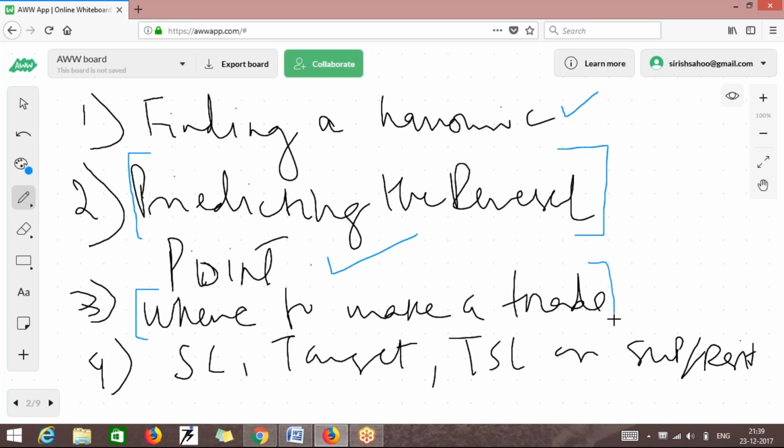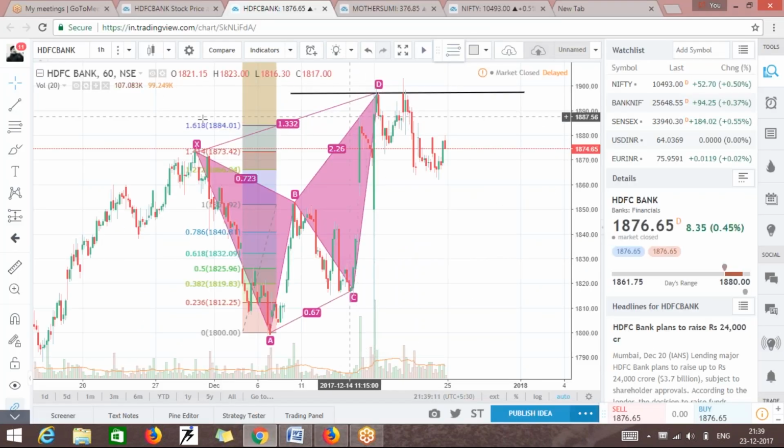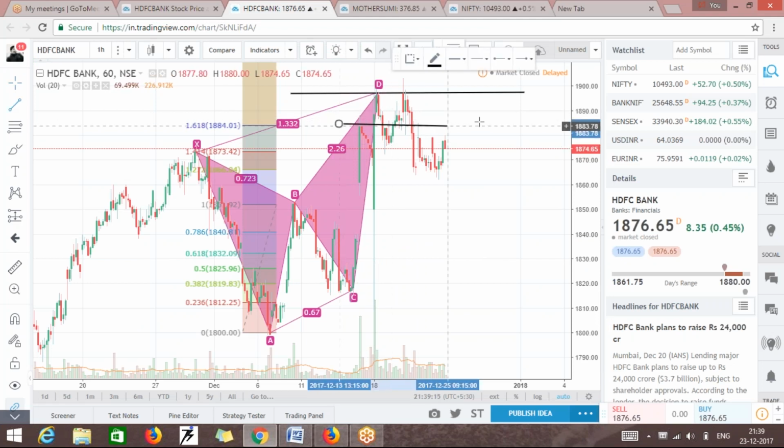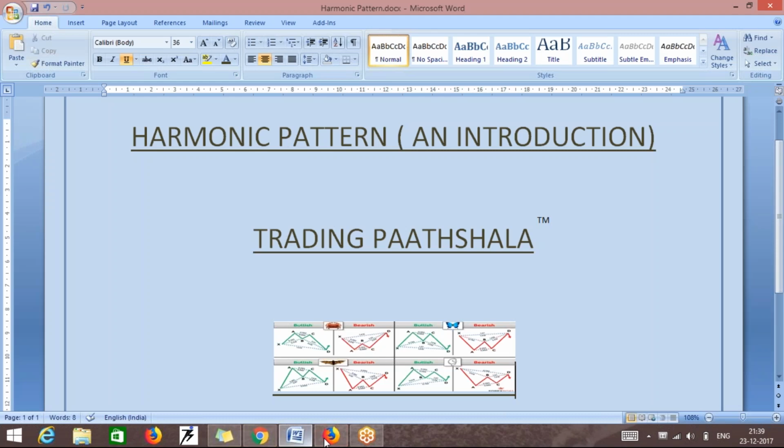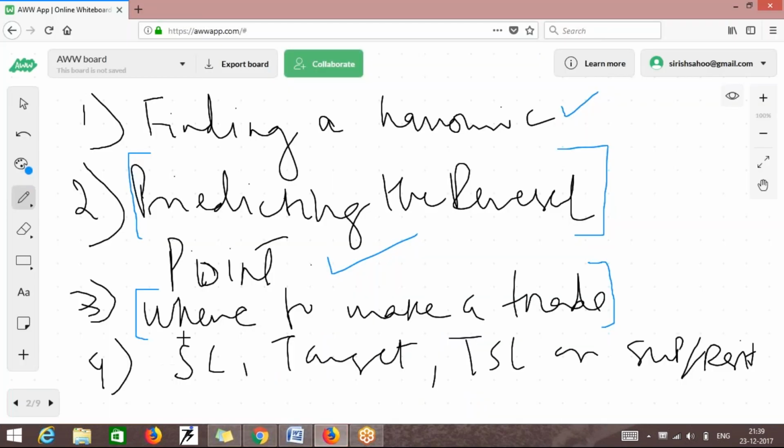Again we could take the trade using that, maybe a wrong signal, but using this point, let me draw this one. At this point we could have taken a trade. It may be wrong at this point. Now this part could have saved our trade, like SL, target, TSL, or support and resistance.